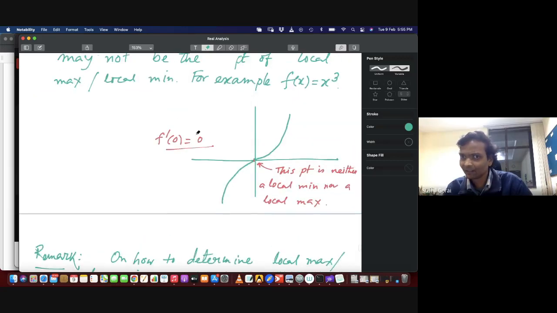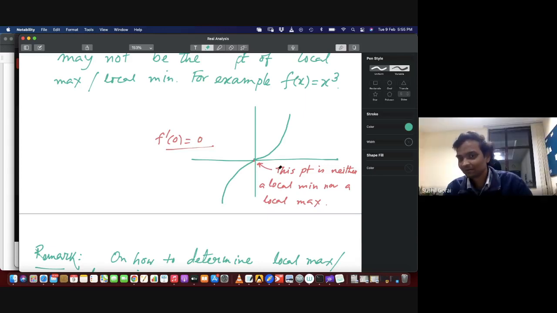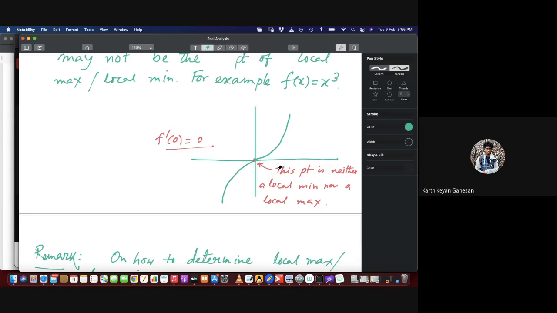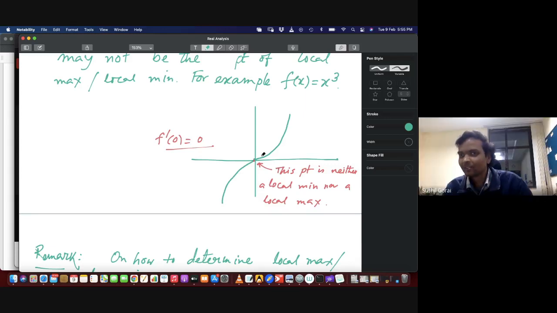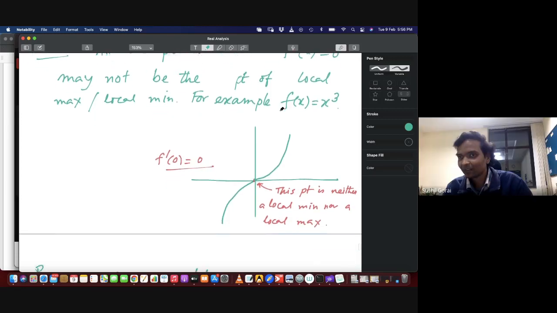Like this one. See here, there is no local max or local min, but still the derivative is 0. Over there, the tangent won't be parallel to the x-axis, right? The tangent is the x-axis only. It is a differentiable function, so f prime 0 will be the slope of the tangent.